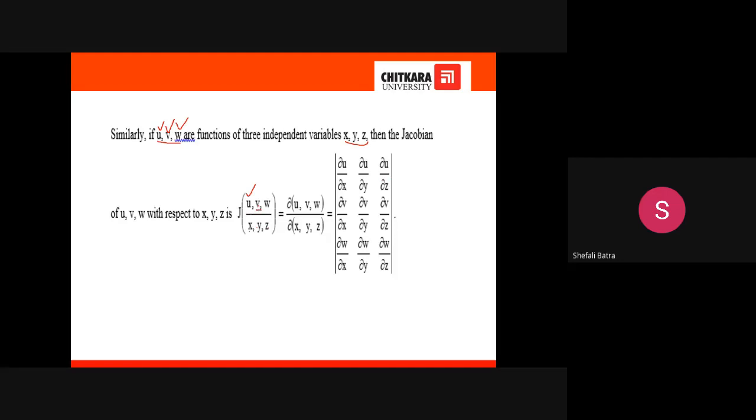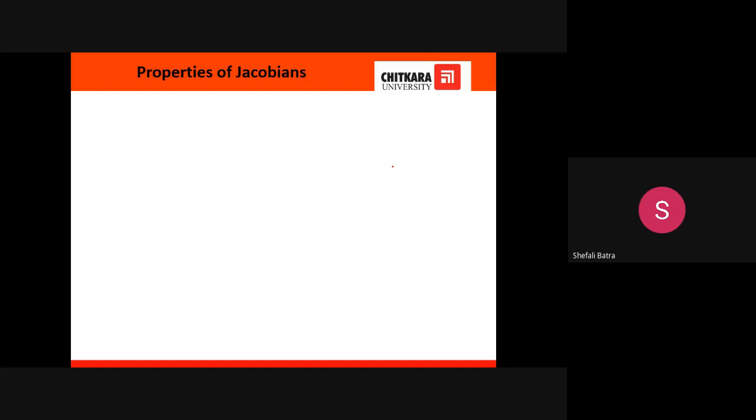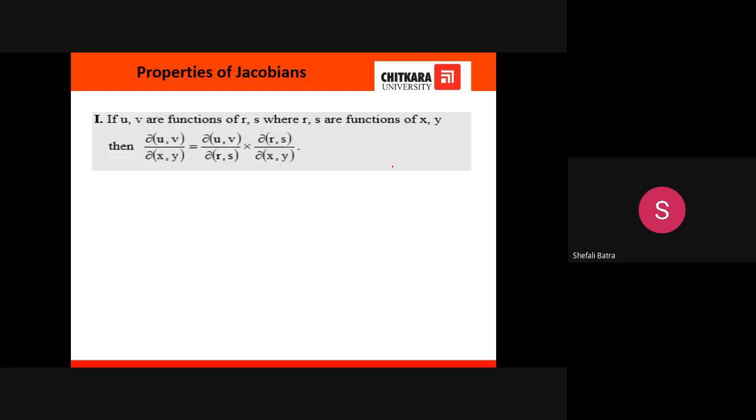Then the partial derivatives of v with respect to x, y, and z go in the second row. The partial derivatives of w with respect to x, y, and z go in the third row. So this is how you define the Jacobian of u, v, w with respect to x, y, and z.